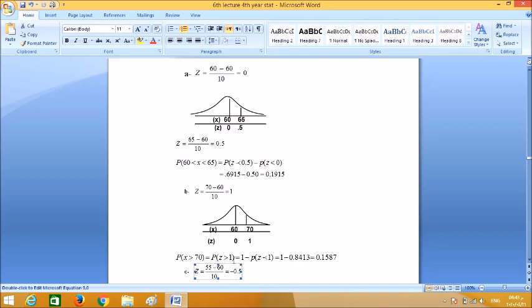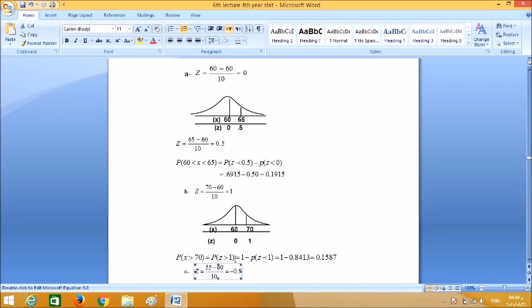Okay, so this probability equals 1 minus P of z less than 1, since z greater than 1 lies in the upper region, to the right of z equals 1, so the probability that the value of z is greater than, not less than.